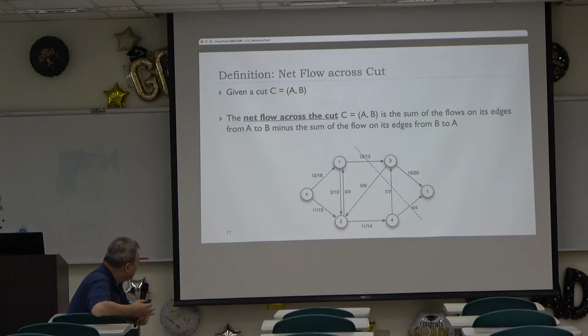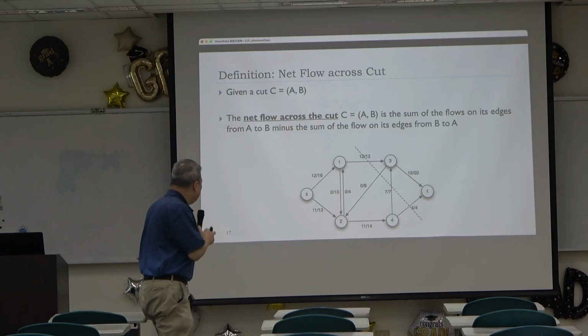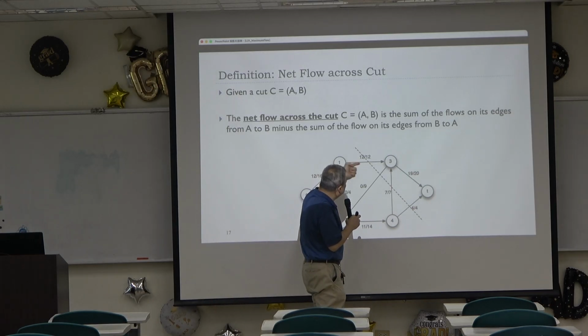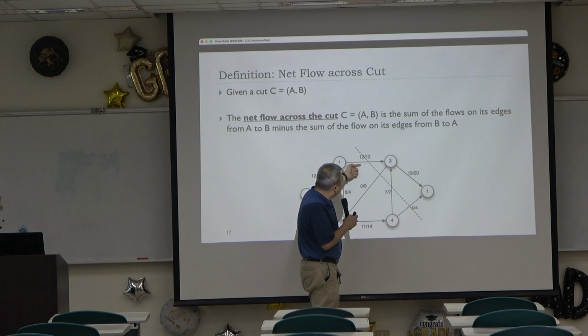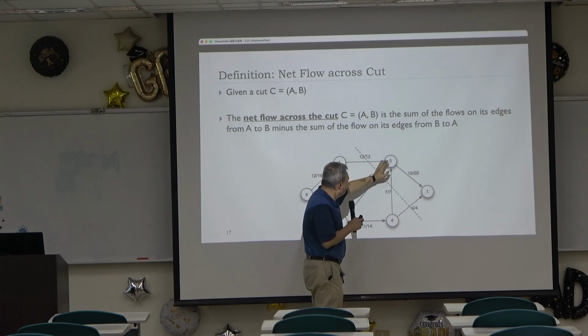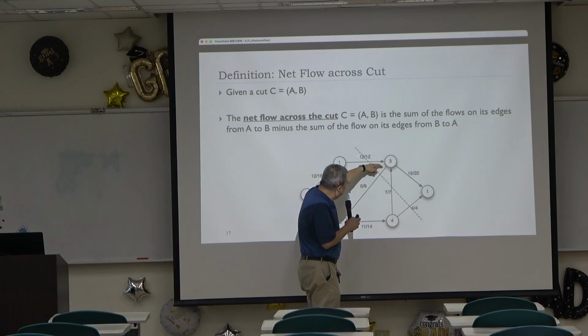If you look at the edges in between these two sets, you will find that there's 12 units of flow going from 1 to 3. And we don't have any flow in here.